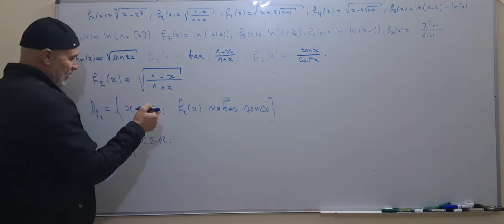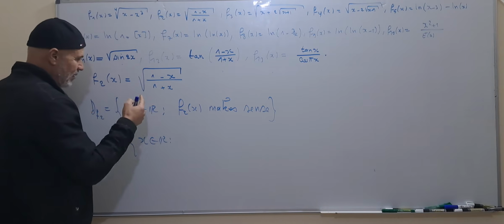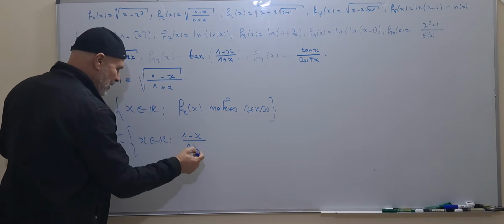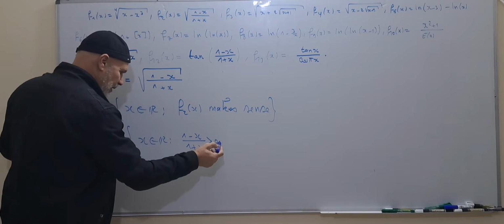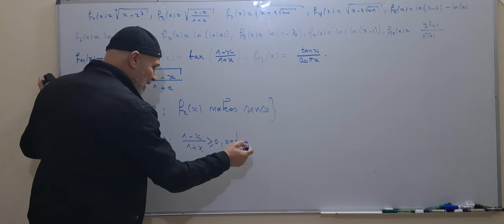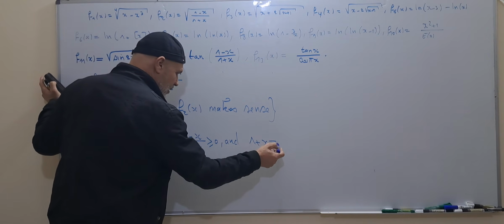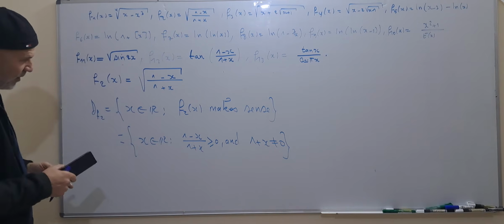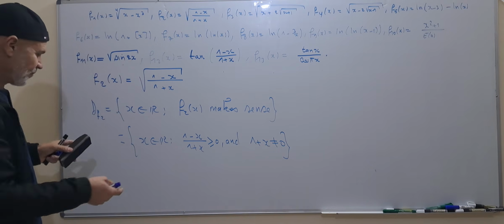To be well defined, we need two things. We need that 1 minus x divided by 1 plus x be greater than or equal to 0, and we need that 1 plus x is different from 0.